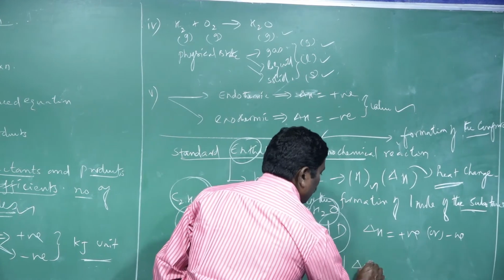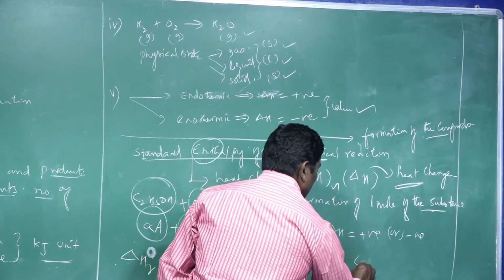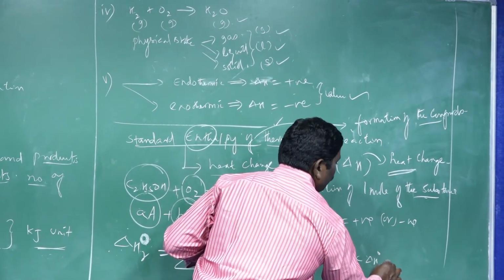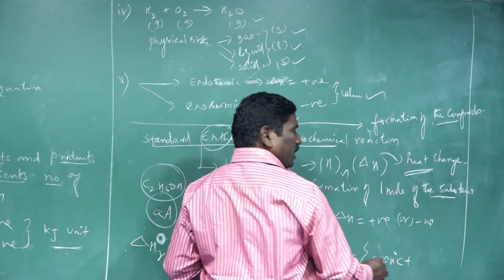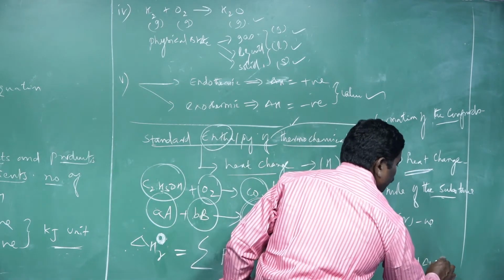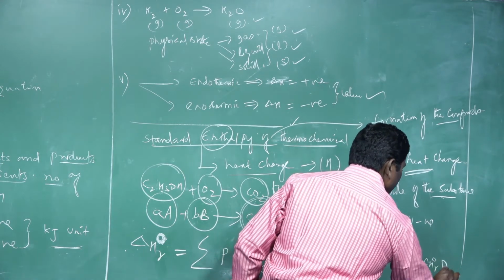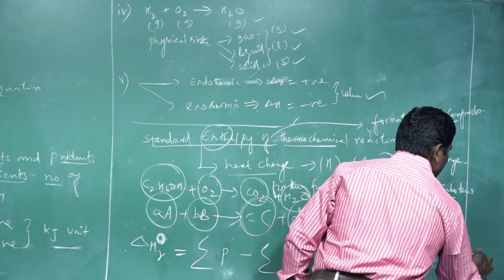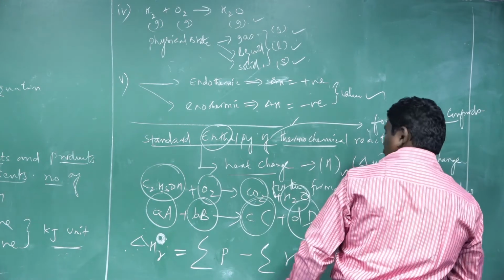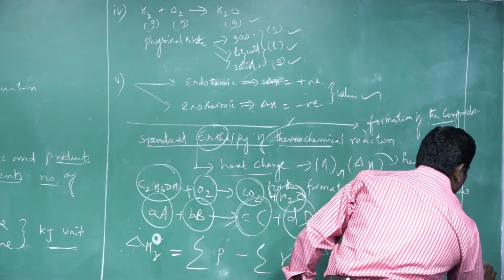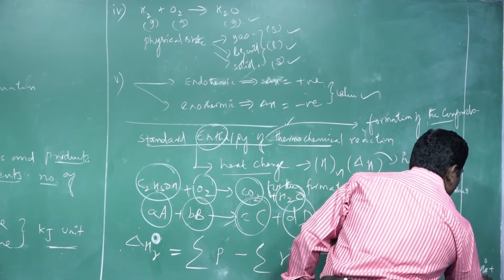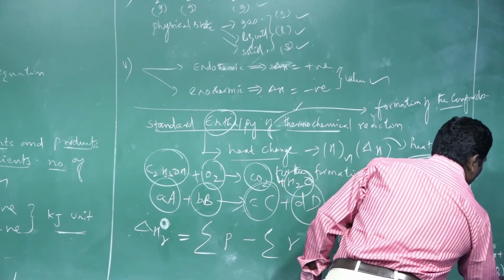Delta H naught of the reaction is equal to the summation of products: c moles of delta H formation of C, plus, that means we have to add, d moles of delta H formation of D, minus the summation of reactants: a moles of delta H naught of A plus b moles of delta H naught of B. This is the point you should understand.